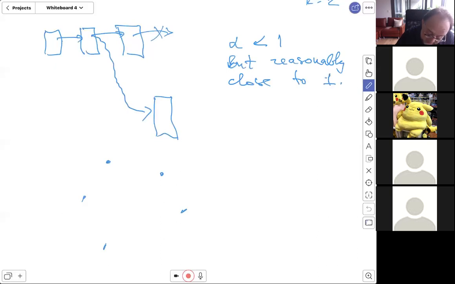We will see later how close we will take alpha. And then the surfer does this. Whenever he ends up at a web page, with probability alpha, close to 1, he chooses to follow a link.